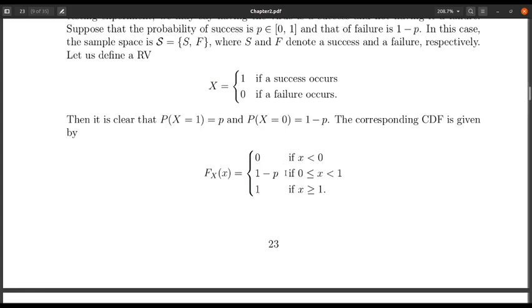Now it is easy to see that this distribution function is a jump, a step function, and if you add up the lengths of the jumps, it turns out to be 1.